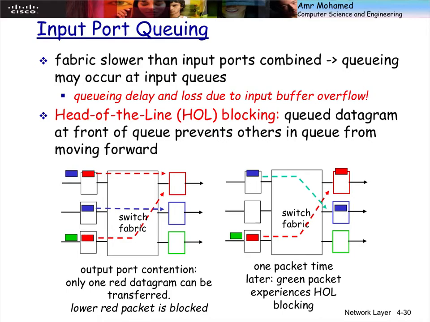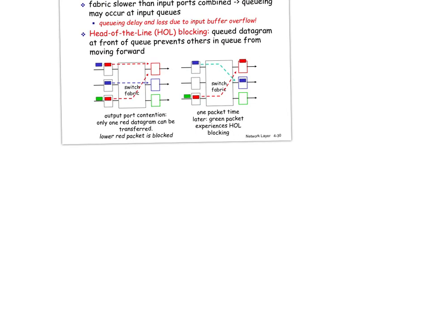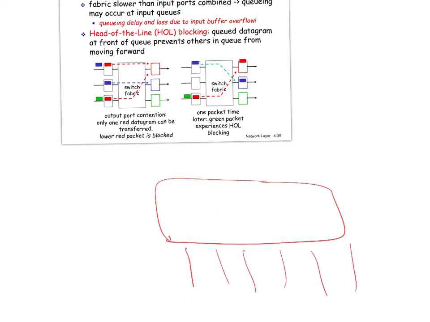Imagine, as a simple analogy, a bank with different doors for people to come in, and people line up at these doors. This person needs to go to the teller, so he goes to the teller. This person needs to go to customer service, and so on.